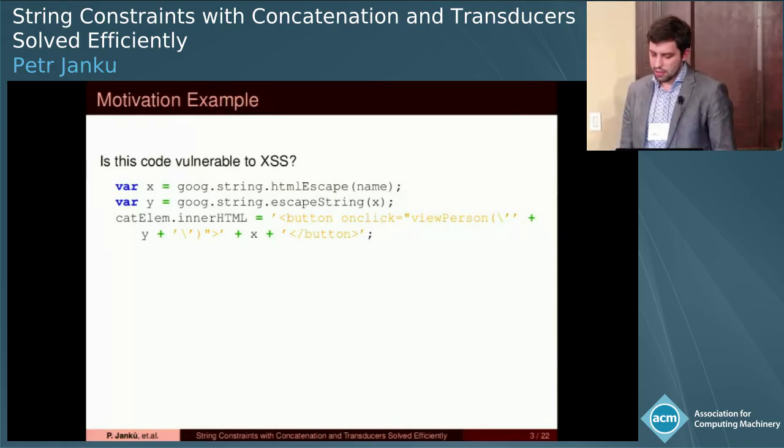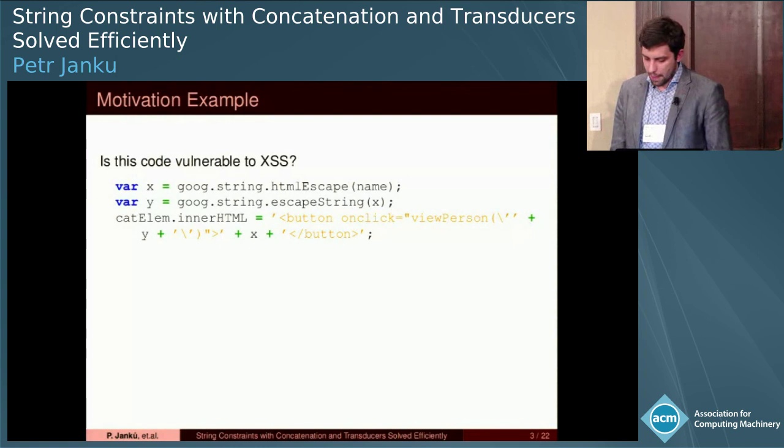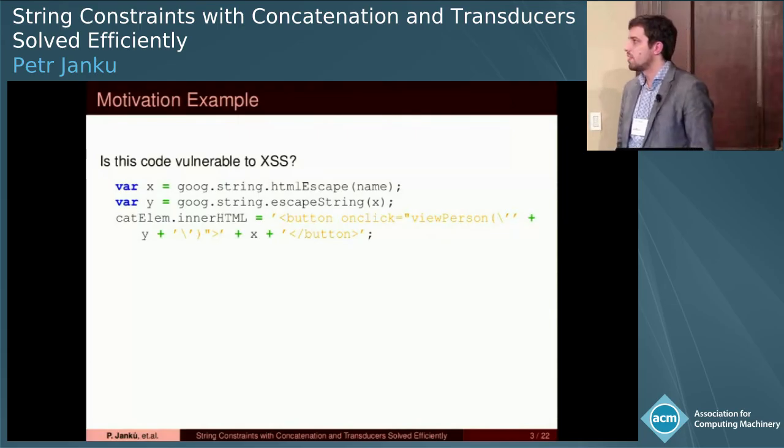Upon click, the button will invoke the function viewPerson on the input name, whose value is an untrusted variable. The code attempts to first sanitize the value of name. This is done via the Closure library string functions, HTML escape and escape string. Let's try to analyze whether the program works properly.